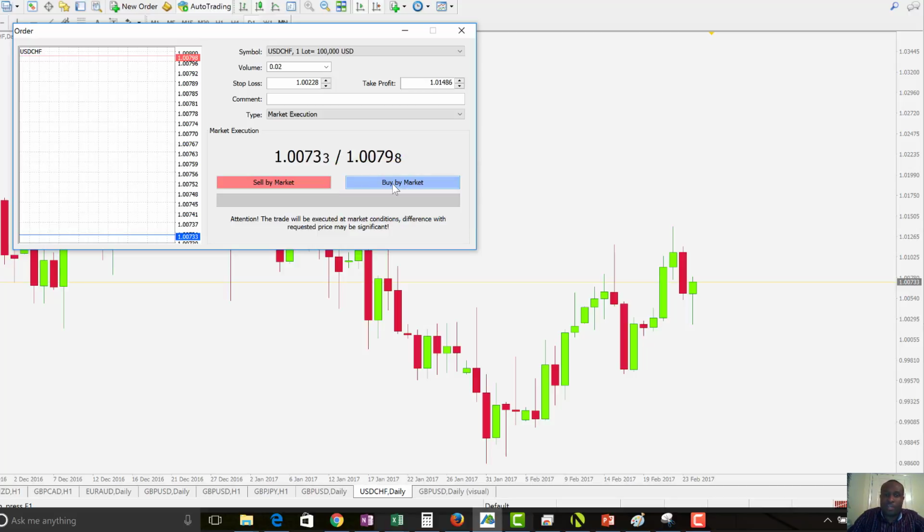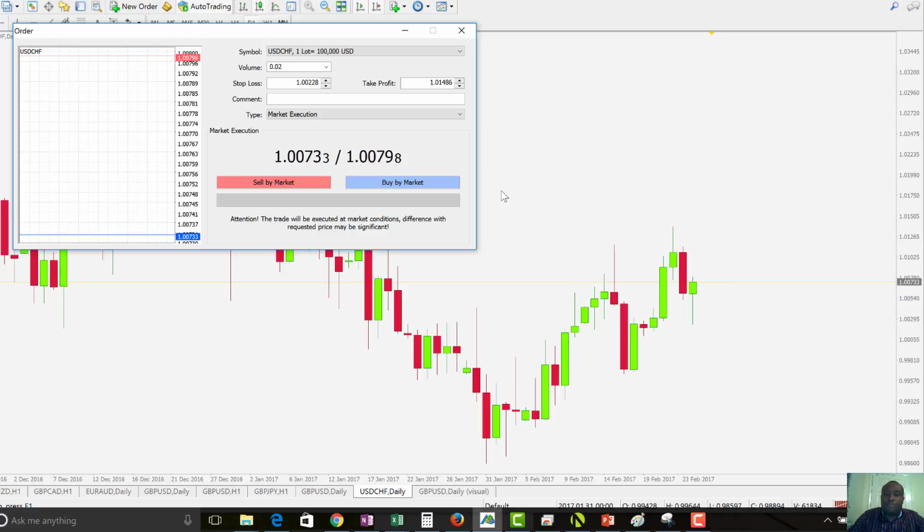Once you hit that button, buy by market, the broker fills you in at the current bid or ask price. In this case, for a buy order, it will be the current ask price. You'll be filled in at that level.